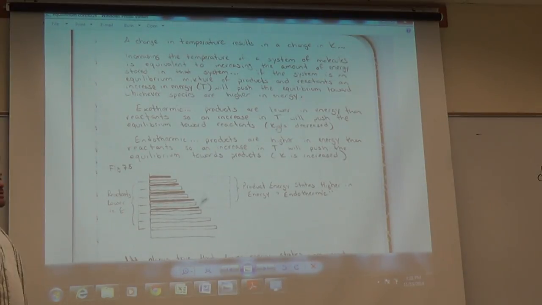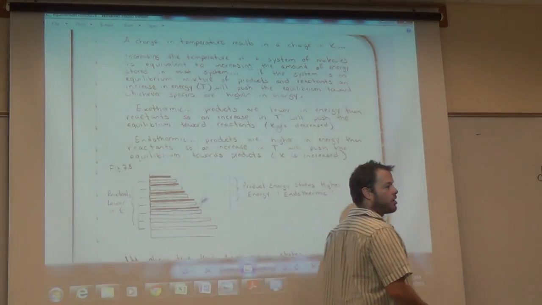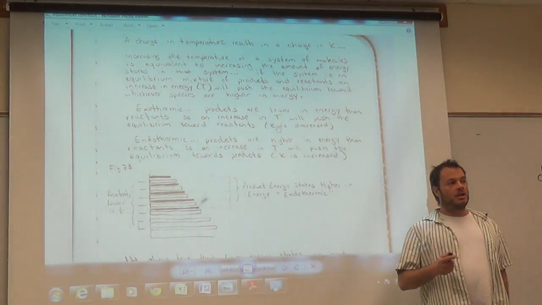If the system is an endothermic reaction where the product molecules are higher in energy than the reactant molecules, then you increase the heat, increase the total amount of energy that has to be stored, and you're going to shift the distribution towards the higher energy product molecules, right? And so an endothermic reaction where heat is a reactant, you increase the heat, you drive it towards products.